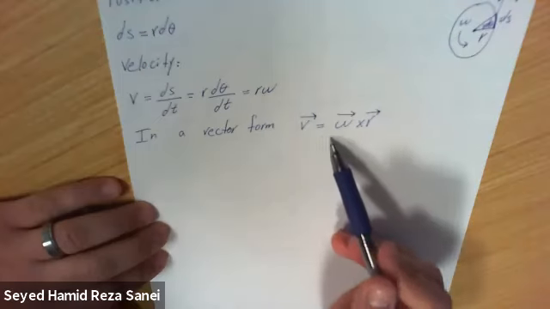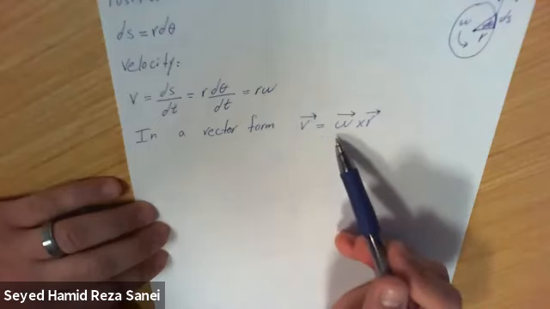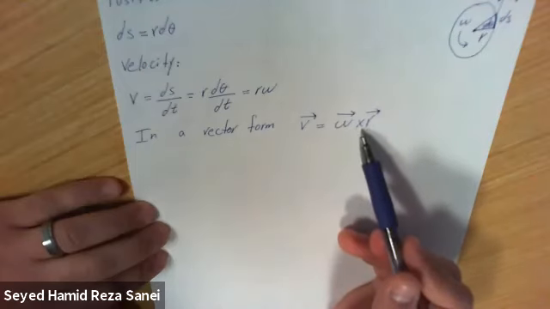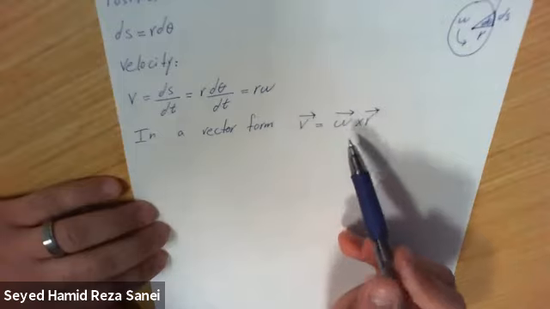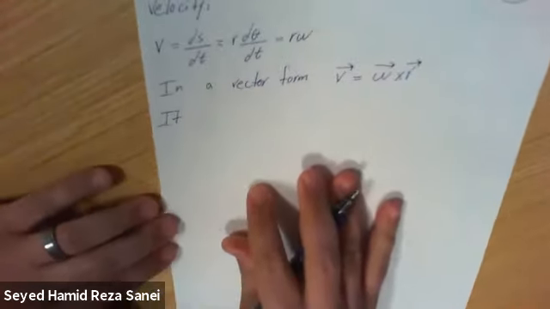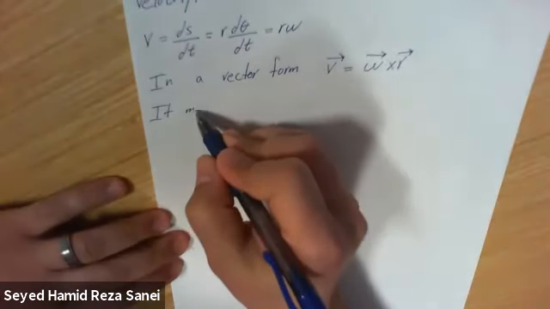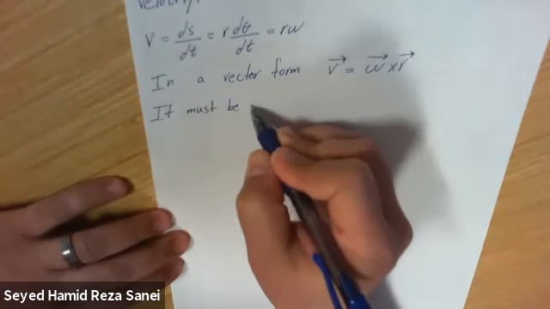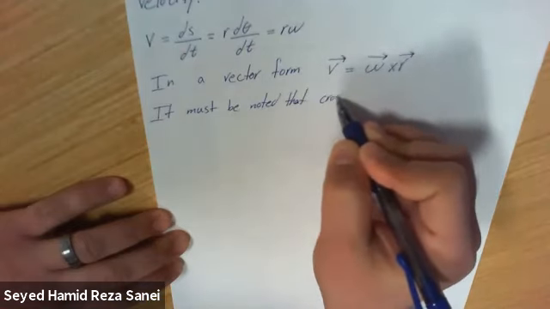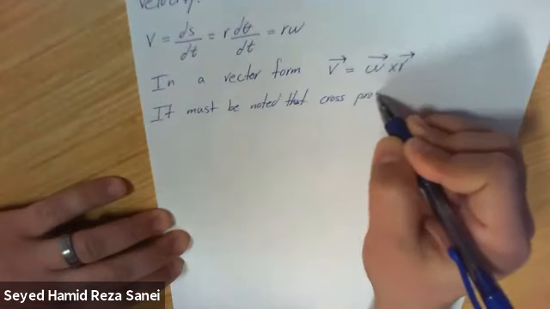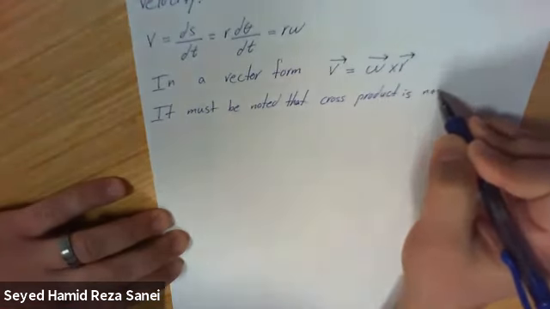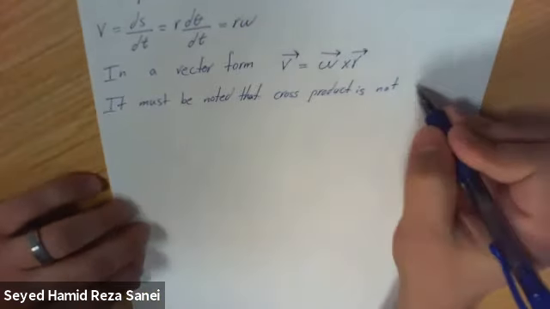You need to remember that the cross product is not commutative, which means that you can't change the order. Here, omega cross r is not the same as r cross omega. So let's write that. It must be noted that the cross product is not commutative.